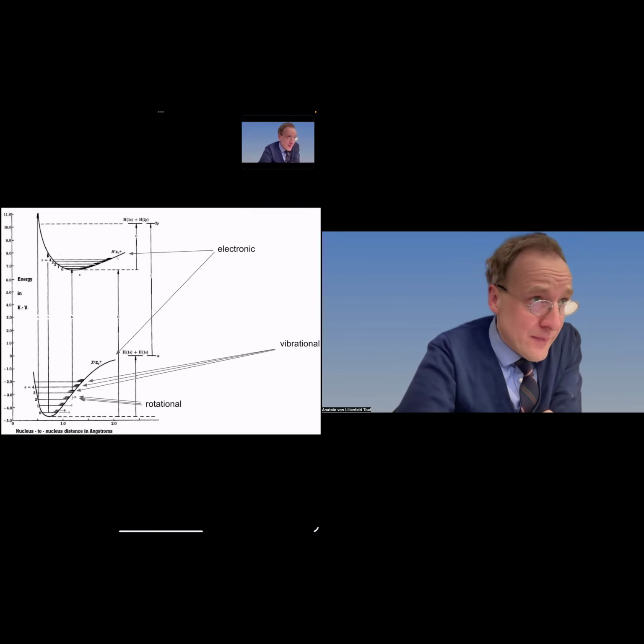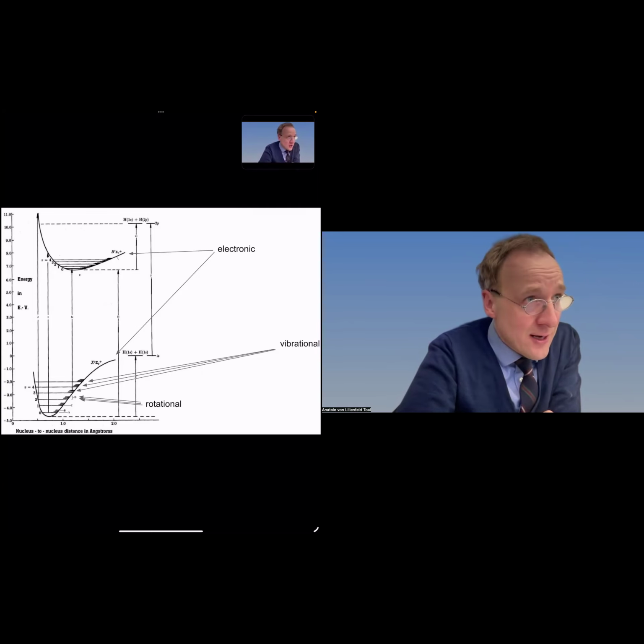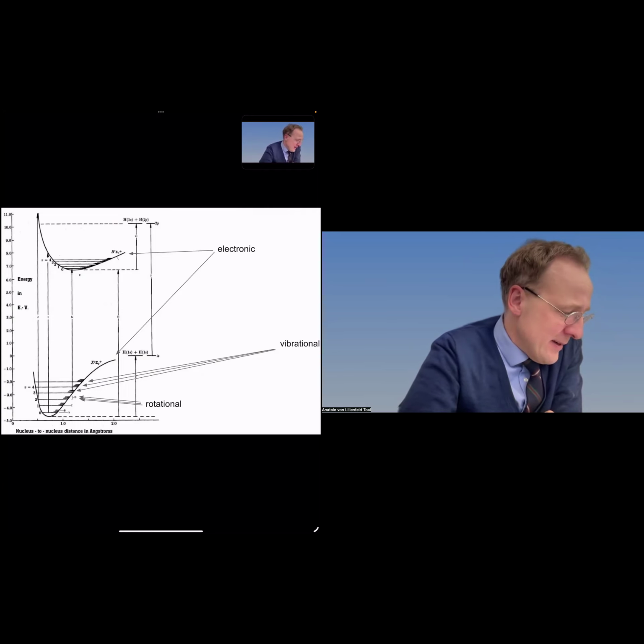So pair and even and odd. You might be familiar with this idea of these electronic levels looking at molecular orbitals. I'm not sure if in your last quantum course you've seen this.